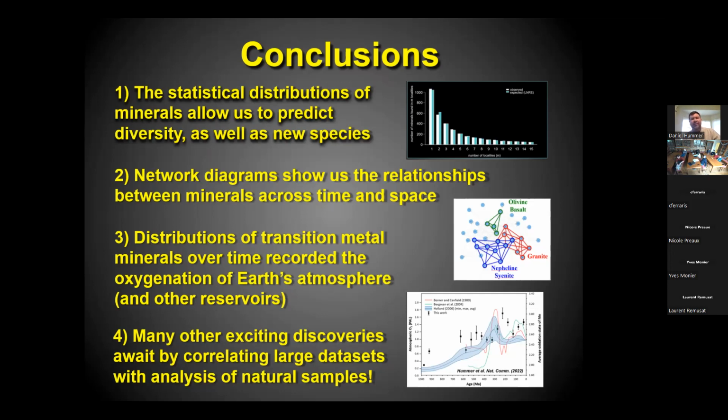So yes, what they're working on right now is going through each locality and dividing them up by the paragenetic mode. They're actually adding paragenetic modes to each mineral species.